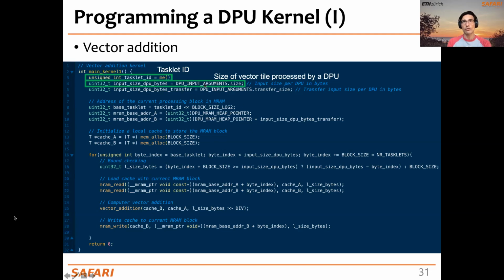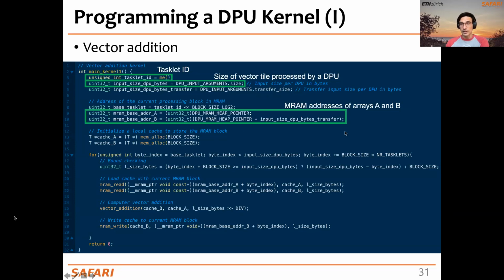Notice that this is one of the input arguments that we have passed to the kernel. We need to define what are the addresses in NRAM for the input arrays, in this case, arrays A and B. Remember this NRAM heap pointer, there is where array A starts, and some bytes later, at the end of array A, we find array B.